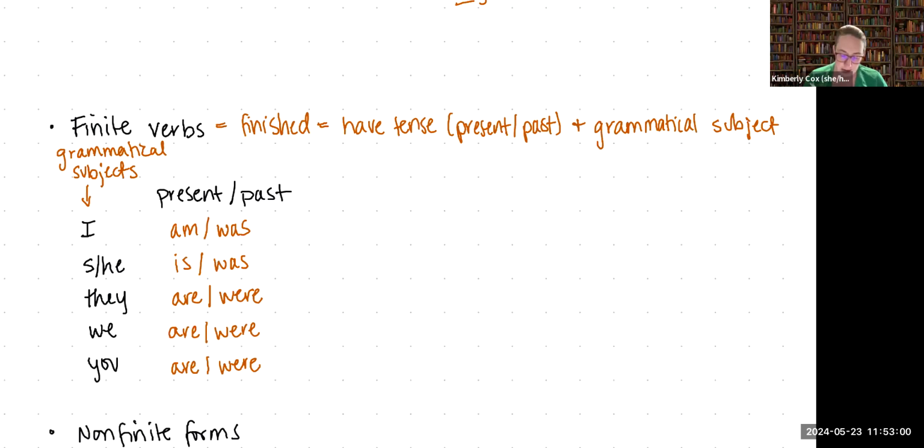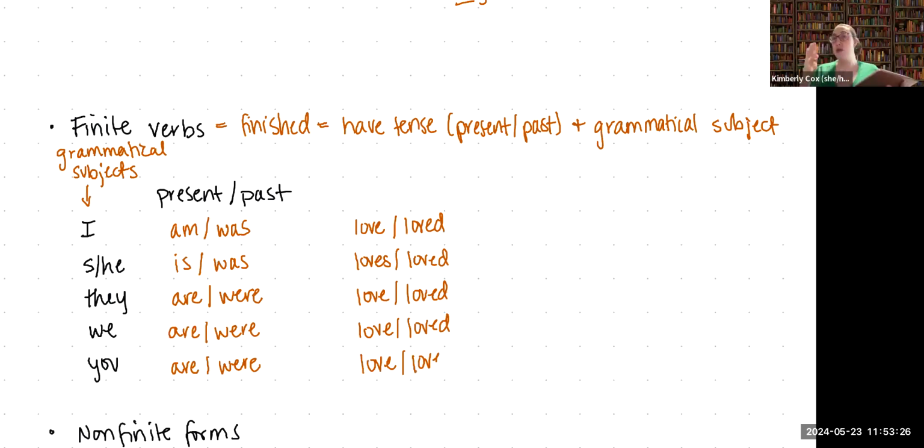Next, we'll take a look at love. So I love or I loved. She, he loves or they loved. They love or loved. We love or loved, and you love or loved.